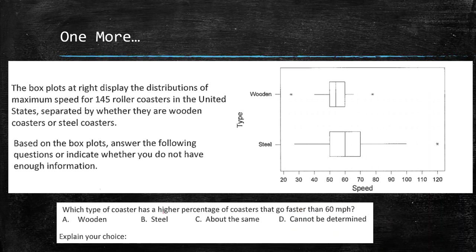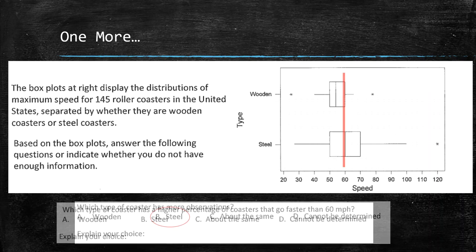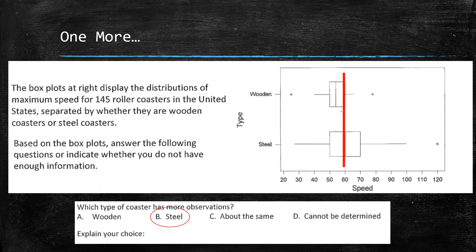Which type of coaster has a higher percentage of coasters that go faster than 60 miles per hour? So to answer this question, we have to figure out where 60 is on each one of these box plots. And 60 is right there on the box plot.